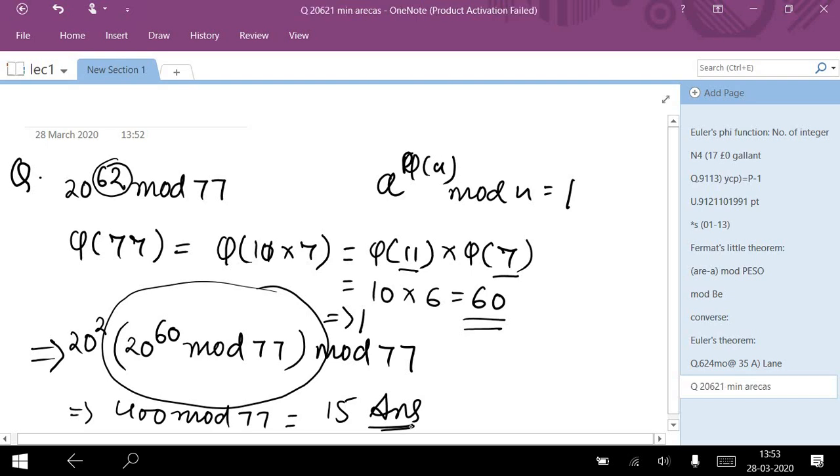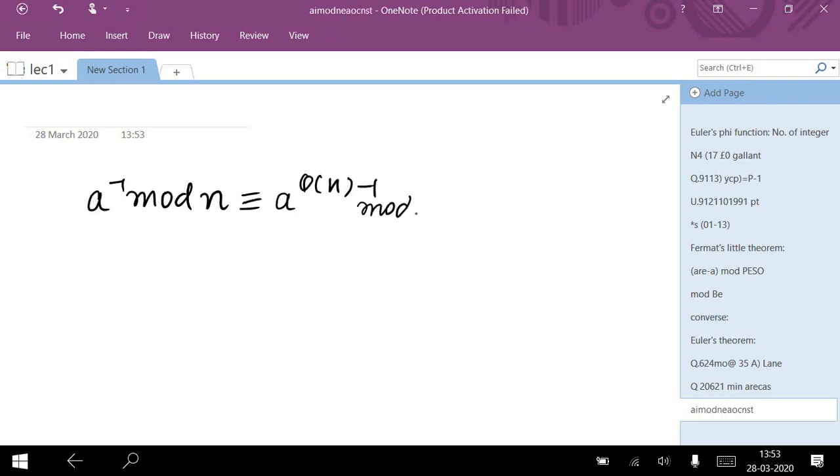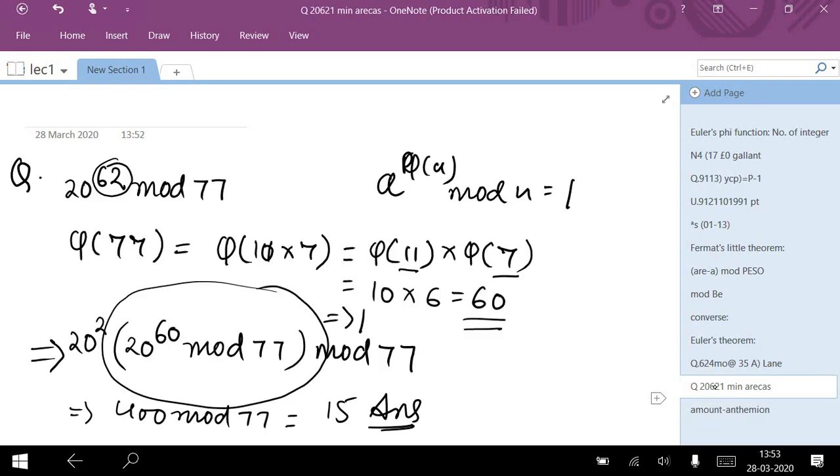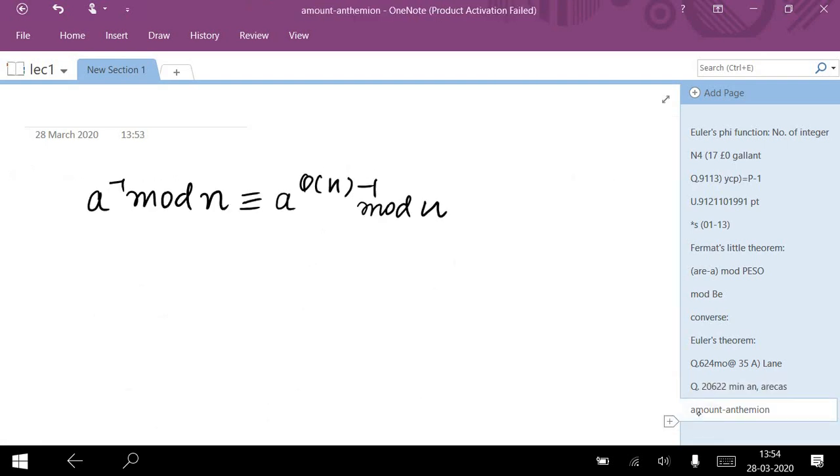Then what about the multiplicative inverses? For the multiplicative inverse by Euler's theorem, just follow the property: a inverse mod n is congruent to a to the power phi n minus 1 mod n. Multiply by a inverse on both sides, and you will find the multiplicative inverse by using Euler's theorem.